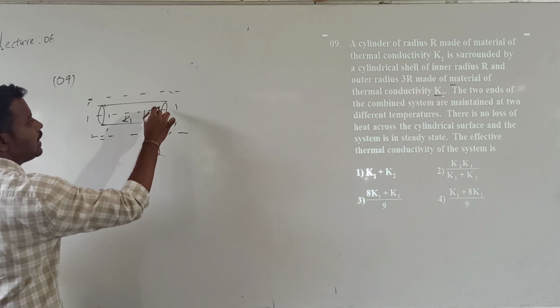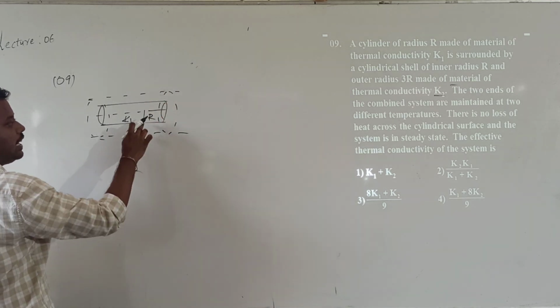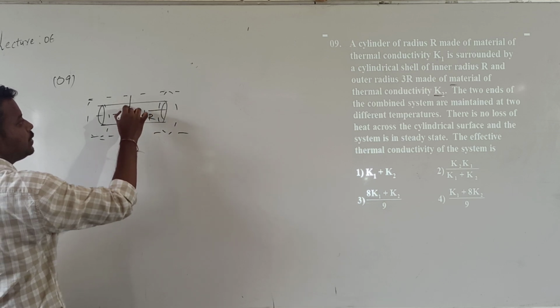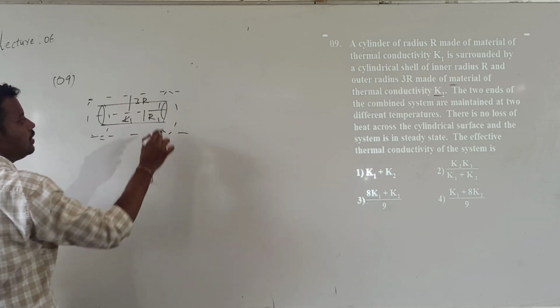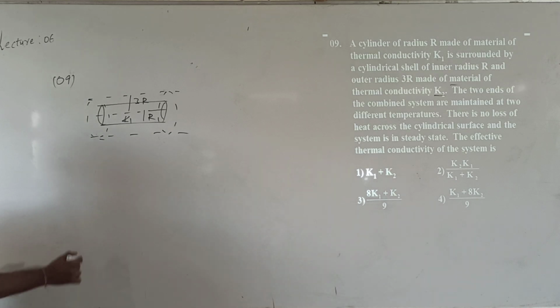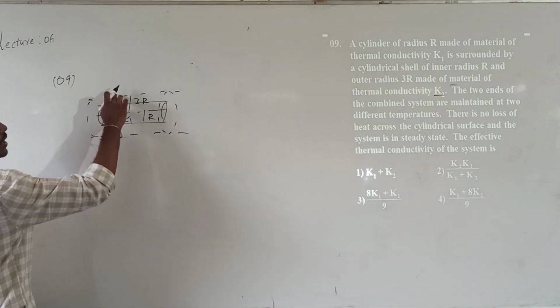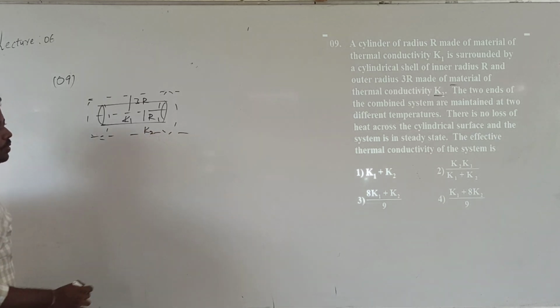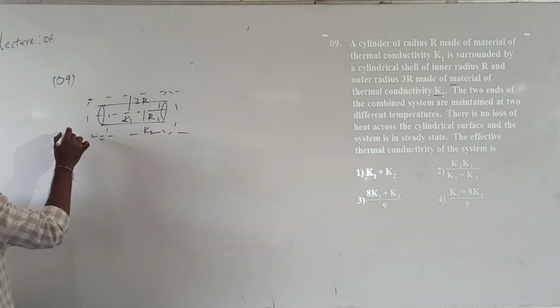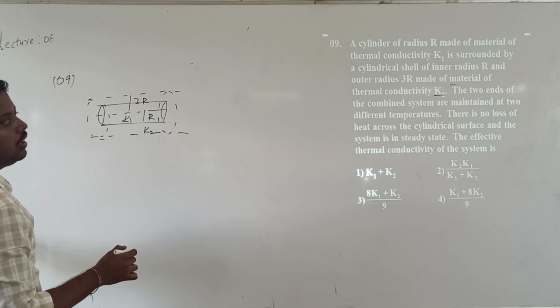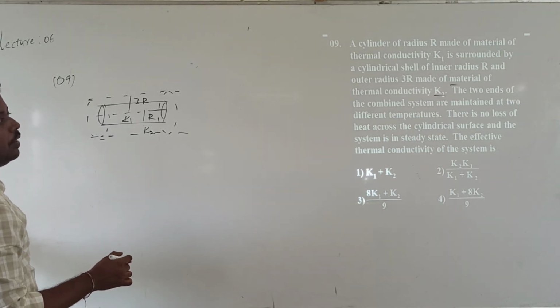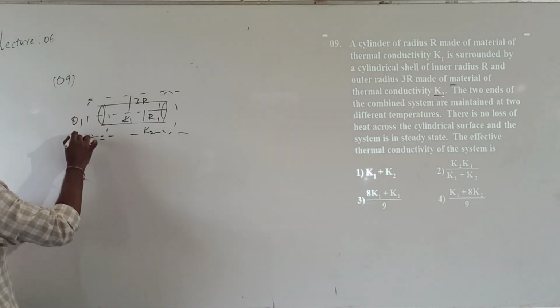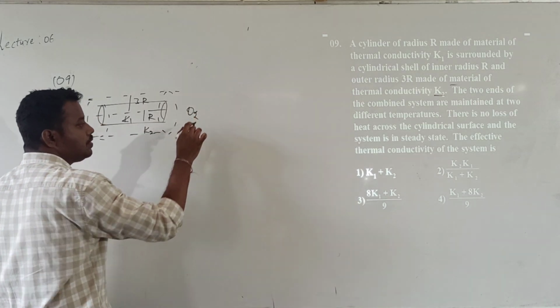What about the cylindrical shell's inner radius value? Inner radius is R. The outer radius value will be equal to 3R. Now the free ends of both. So now both are connected, and the outer one's thermal conductivity is K2. The two ends of the combined system are maintained at two different temperatures. So this is theta 1 and this is theta 2.